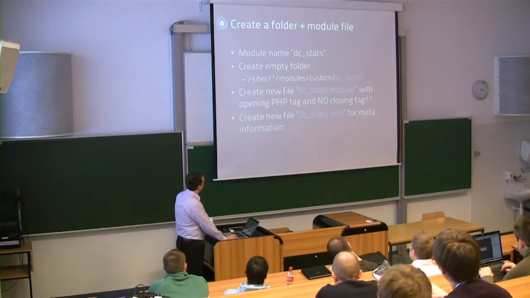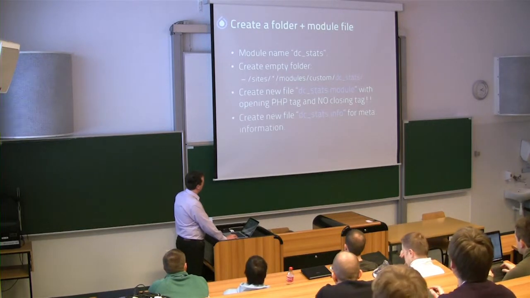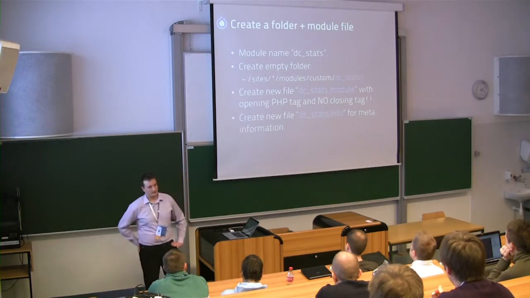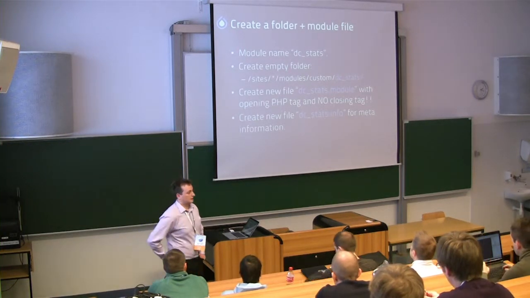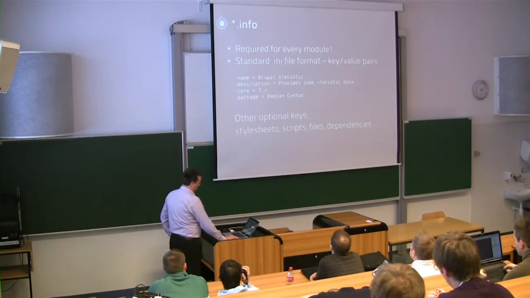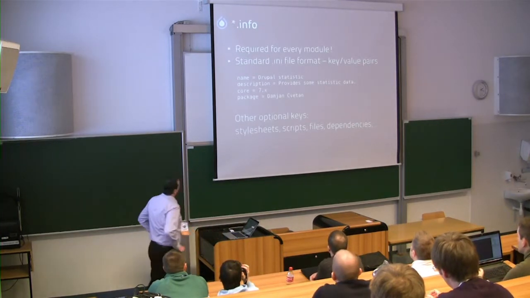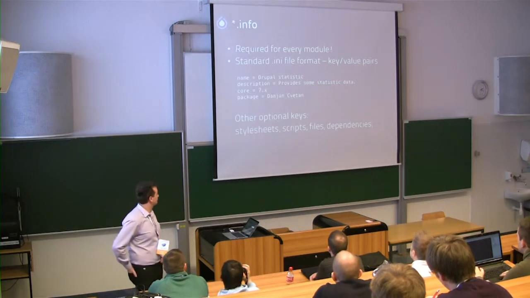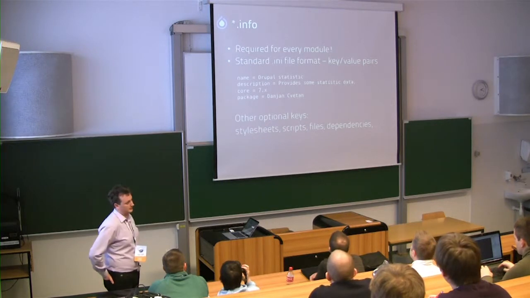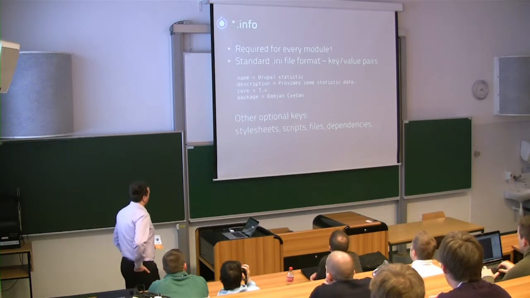Another required file is .info. This file is used for meta information about your module. This .info file is required for every module. It's a standard file format which contains key value pairs.